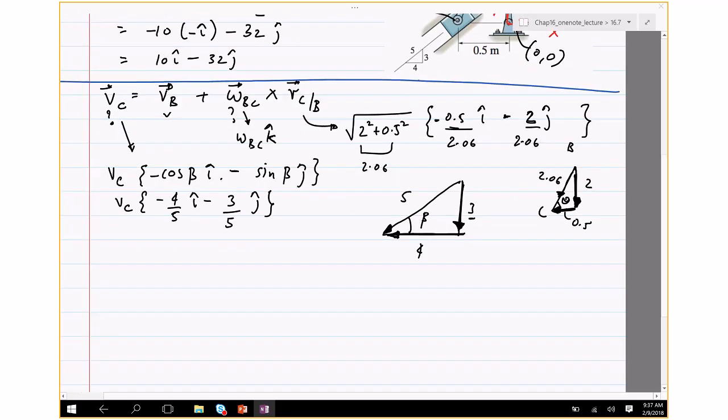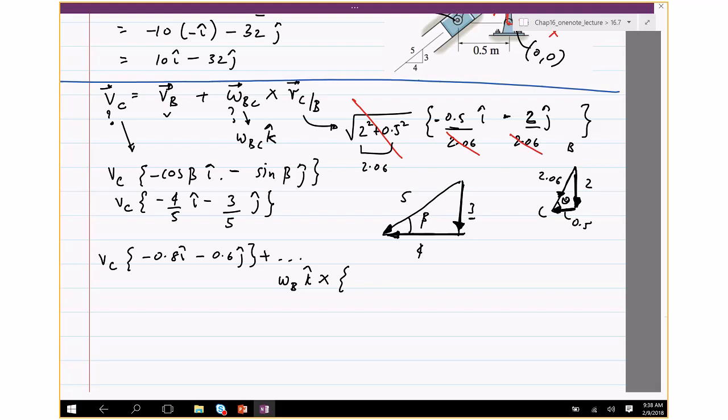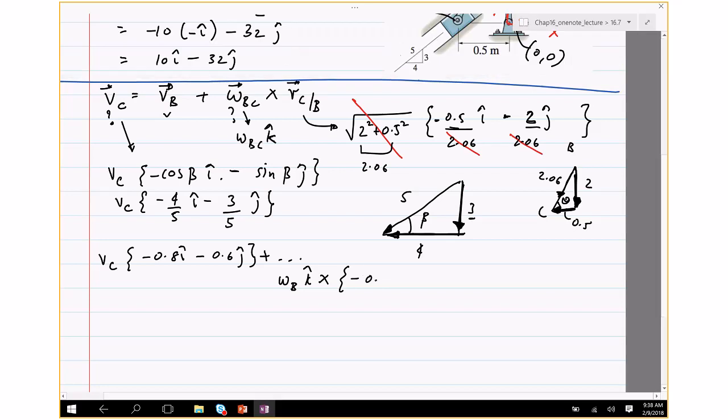So we can set this up now as VC times minus 0.8I minus 0.6J, plus omega BC K crossed with the vector from B to C, which is going to be, so this 2 cancels with this and this, we'll be left with minus 0.5I minus 2J.